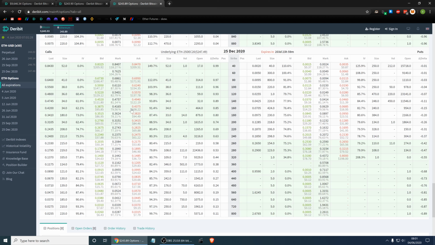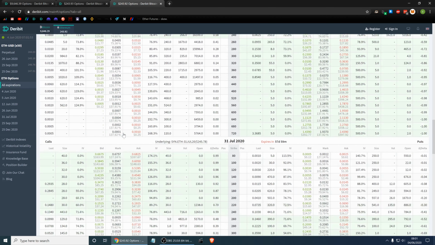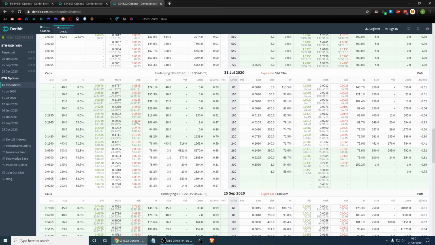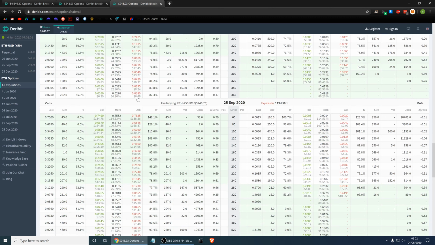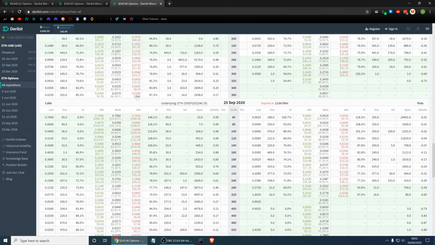You can see that these options have, that is $14 spread, well, $13 spread. So these spreads are absolutely massive. Your implied volatility, if you want to buy, is 91.4, and if you want to sell, it's 62.1. So that's pretty much unacceptable. And the same goes for even shorter expiry date options. If you're looking for deep in the money options or deep out of the money options, you are going to pay a premium if you market buy.